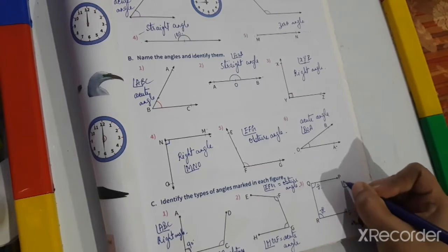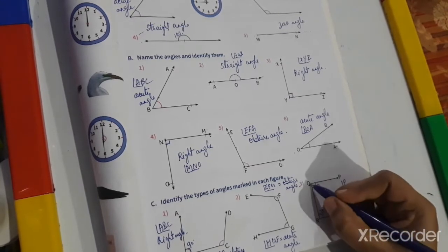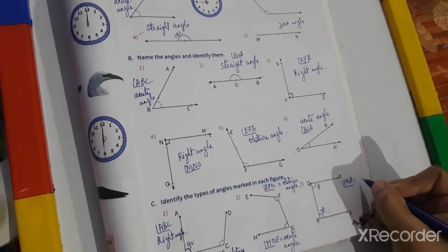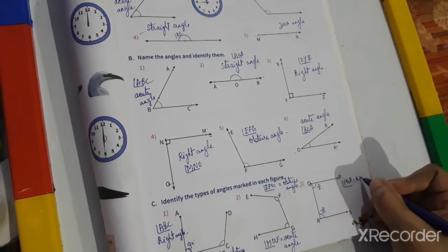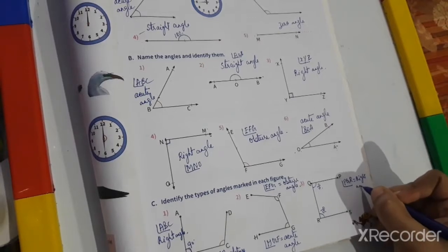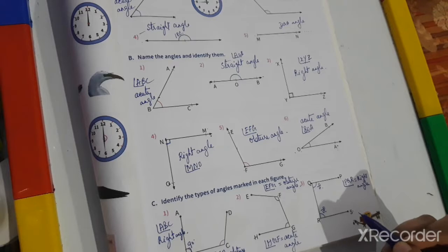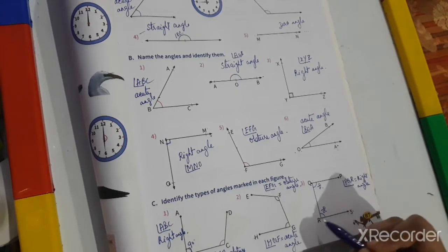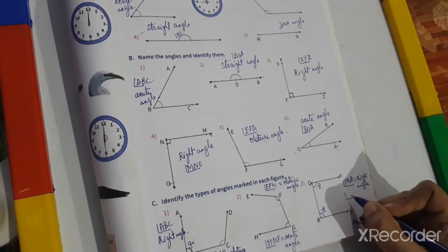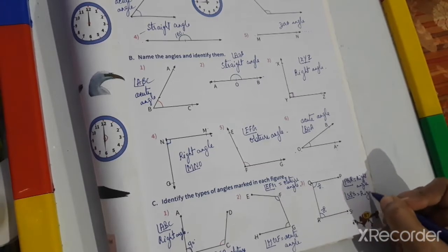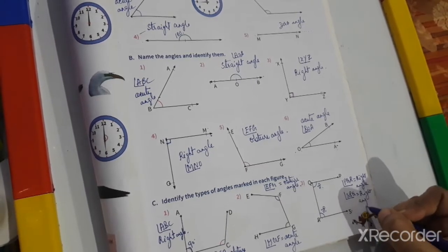So angle PQR, this is the vertex. Always the vertex is the angle. PQR is a right angle. Then angle QRS, or we can say SRQ, is also a right angle.